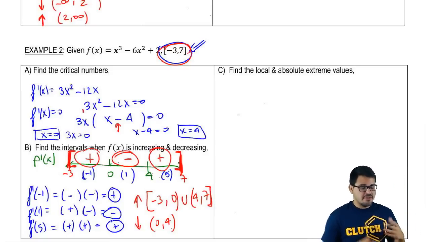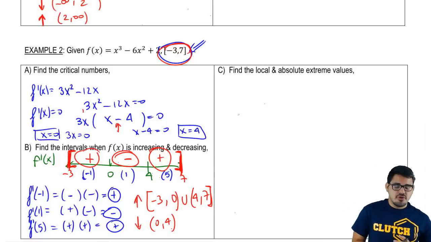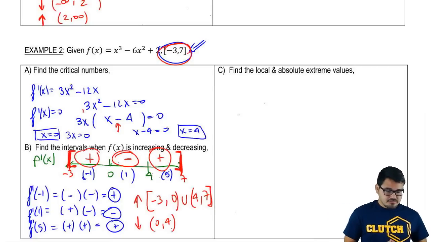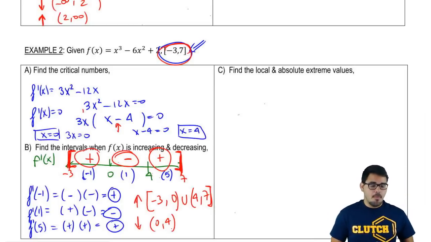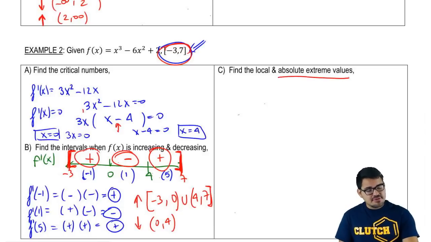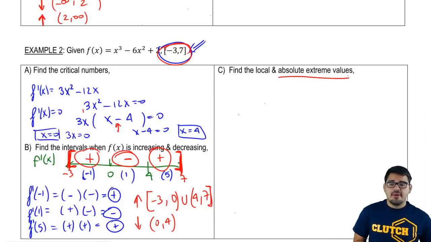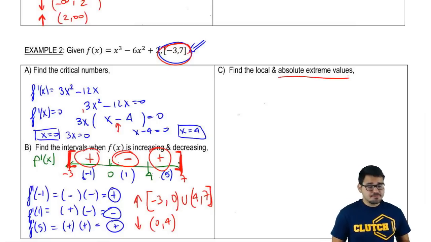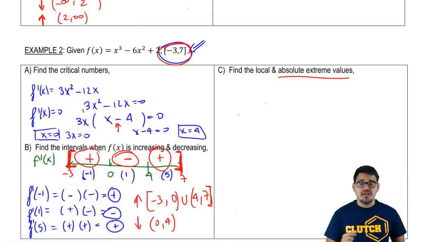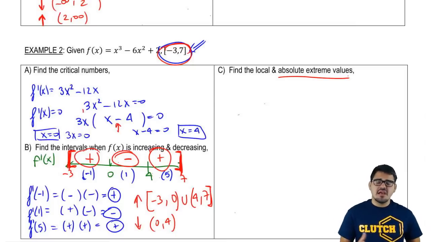So now that we have computed part B, we're ready to talk about finding the local maxes and the local mins, and then we can also throw in the absolute extreme values, right? When I talk about an absolute extreme value, we need to see what happens at the extremes, and by the extremes I just mean the endpoints.